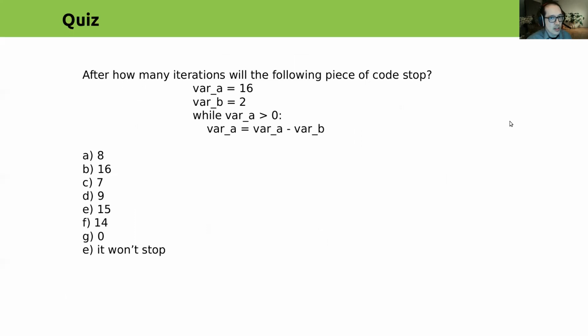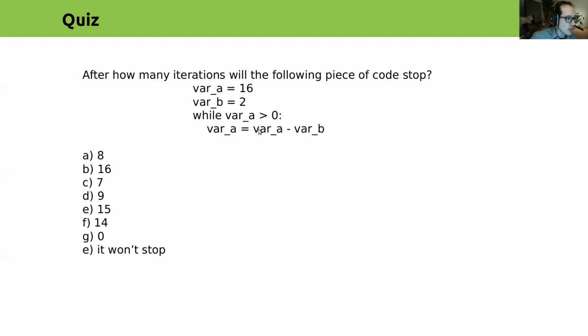So here's test your understanding. After how many iterations will the following piece of code stop? So we have a piece of code: var a equals 16, var b equals 2, while var a is greater than 0, var a equals var a minus var b.